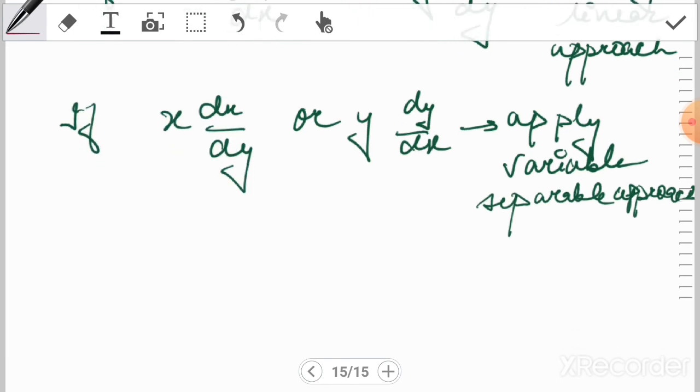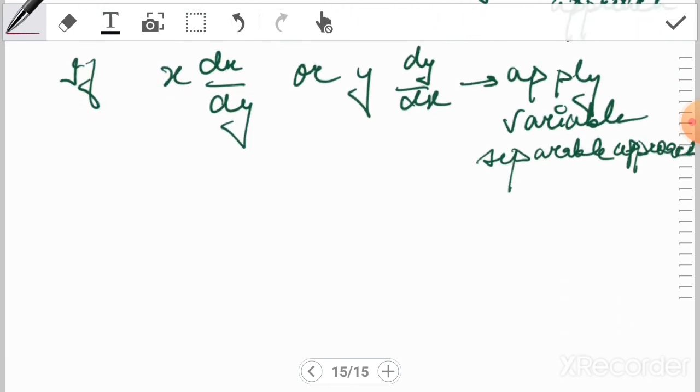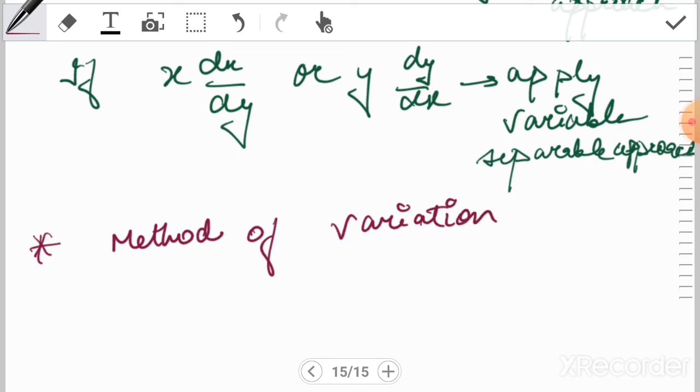Yes, I was telling you we have another method of finding PI, or method of variation of parameters.